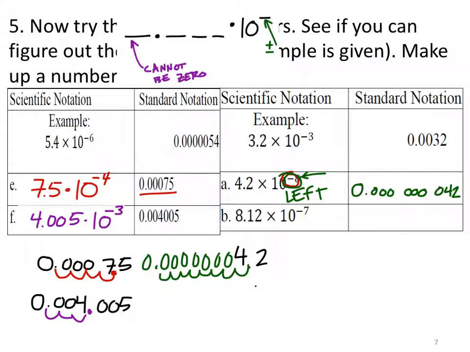The next problem gives us 8.12, and then this is a power of negative 7. So we are moving this one to the left as well. How far to the left? That was a 7. So we're going to move it to the left 7 decimal places. 1, 2, 3, 4, 5, 6, 7.